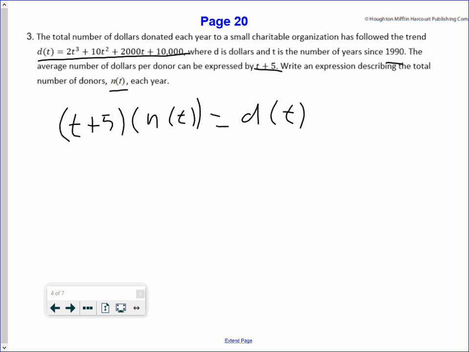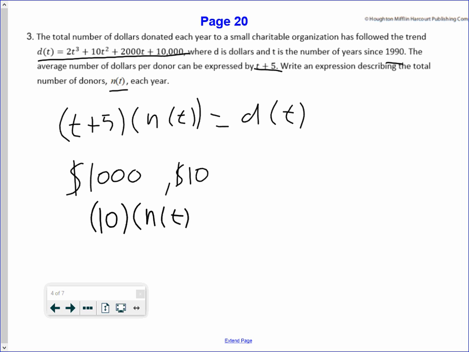If you want to put this back into real numbers, let's say I have the same scenario where there's an organization where $1,000 were donated, and they said on average, each donor donated $10. If I want to know how many people donate to this organization, I can say, on average, each person donated $10.